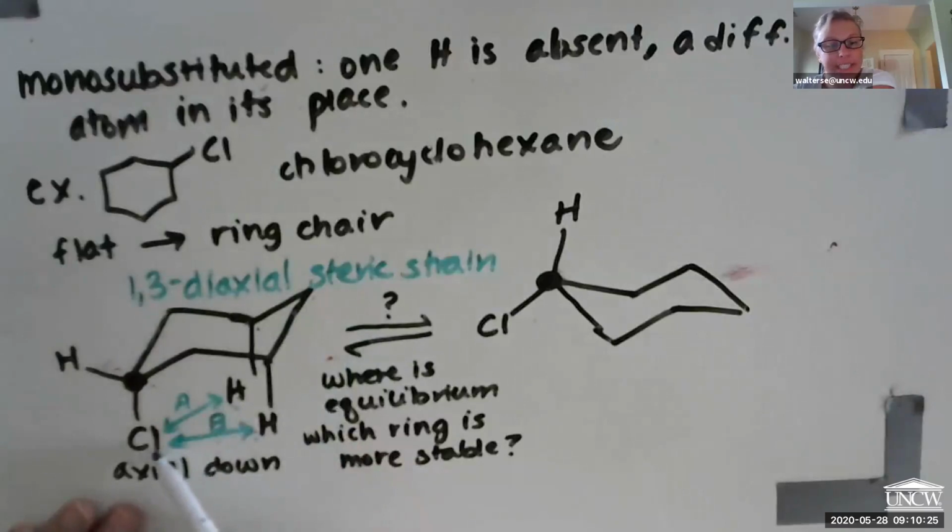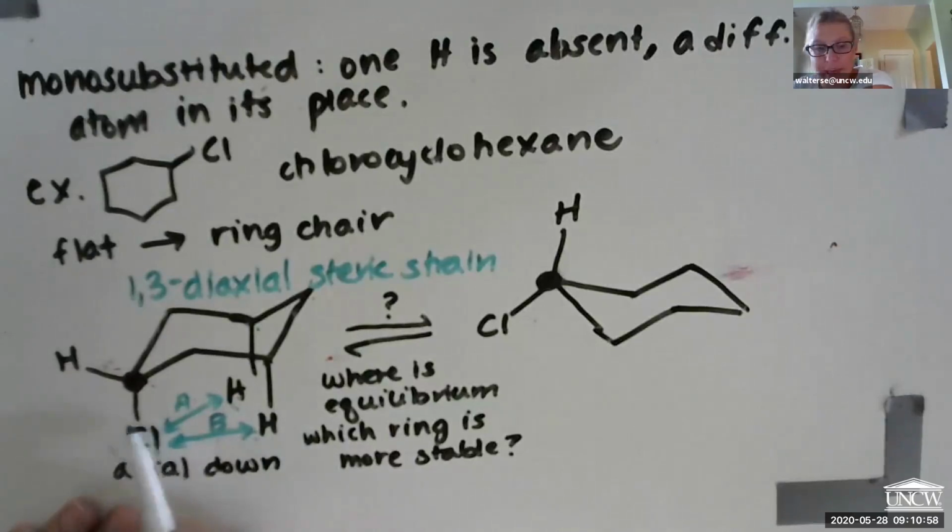The larger this atom is, the higher the value of the strain. So if this had been a fluorine, it would have less steric strain to these hydrogens than chlorine. Chlorine would have a lower value of 1,3 diaxial steric strain than bromine, and bromine would have a lower value than iodine. So the size of this group will impact the magnitude of the strain.